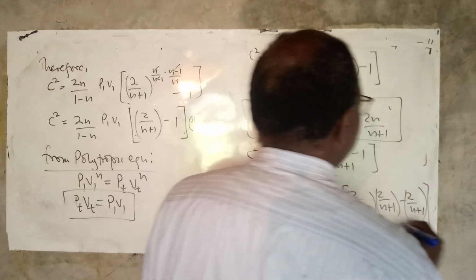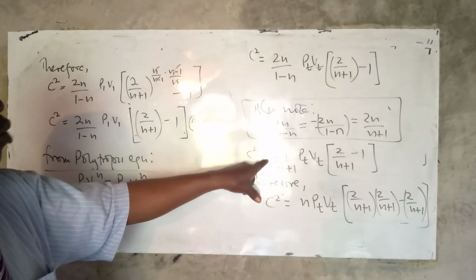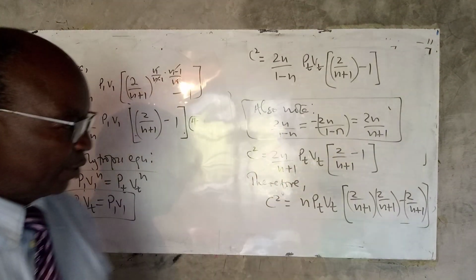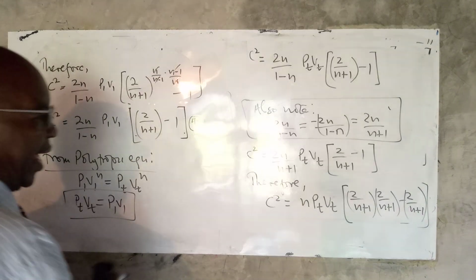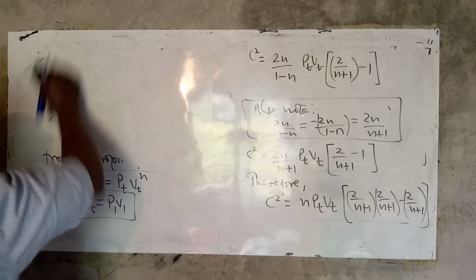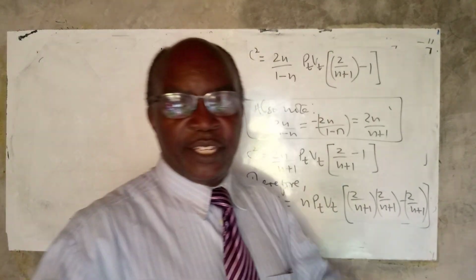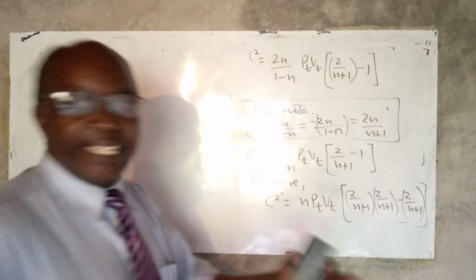Very simple. Just open up the brackets, multiply 2 over n plus 1 by 2 over n plus 1, times minus 2 over n plus 1. My life is becoming a lot easier now. We are reducing it easily because now there are many like terms.